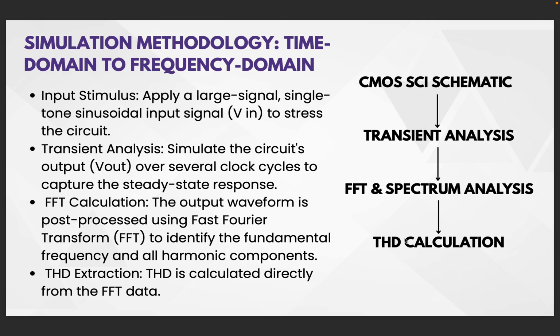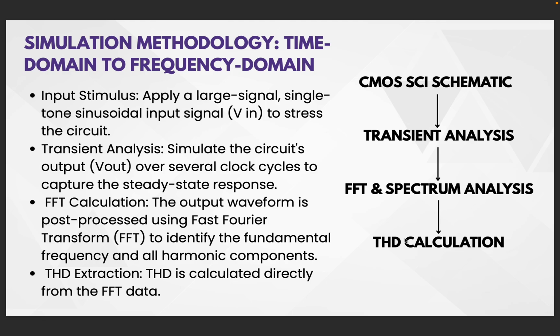We then performed a transient analysis using Cadence Virtuoso to observe the circuit's output over several clock cycles until it reached a steady state. After obtaining the steady state waveform, we used a fast Fourier transform to convert the signal from the time domain to the frequency domain.